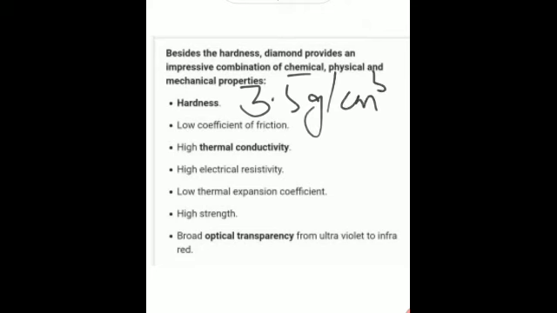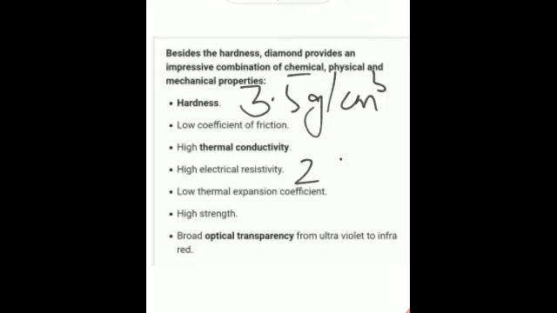That is why it has a high density. It is a poor conductor of electricity because, in the structure itself, as we have seen, there are no free electrons left and all the electrons are involved in bond formation. So it is a poor conductor of electricity.